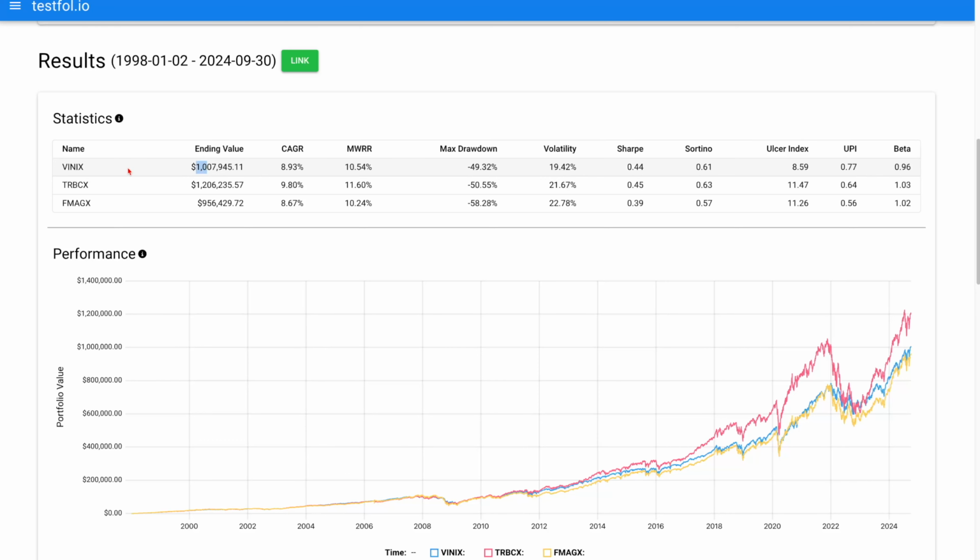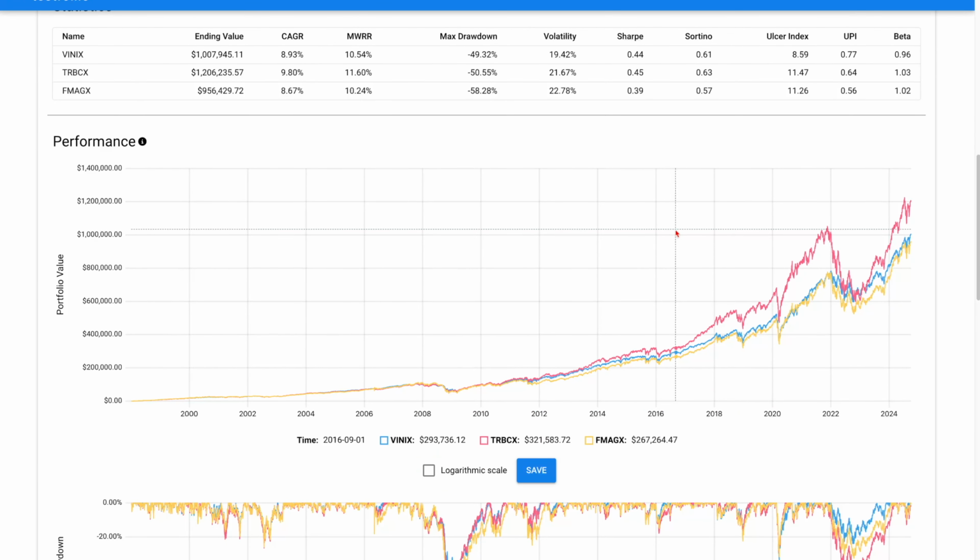Even though it has fewer data points than Portfolio Visualizer, I believe this is an easier tool to use for absolute beginners. If you look at the difference between the three funds, T. Rowe Price Blue Chip Growth Fund outperformed Vanguard Index Institutional and Fidelity Magellan Fund. Their CAGR, compound annualized growth, their money weighted return, max drawdown, the volatility.